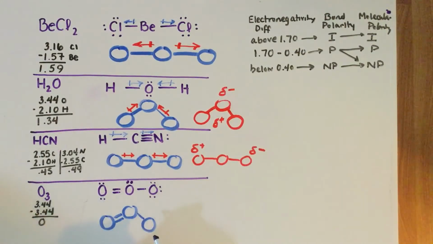The bent molecule doesn't have dipoles drawn, and since it doesn't have dipoles drawn, it's not going to be a polar molecule.